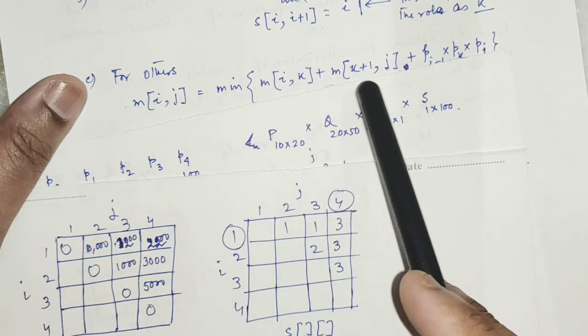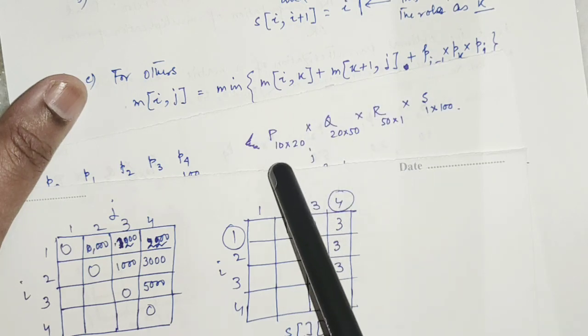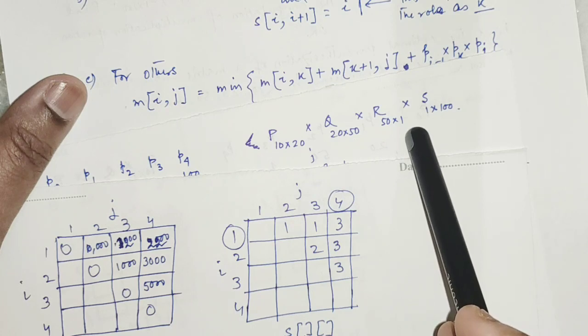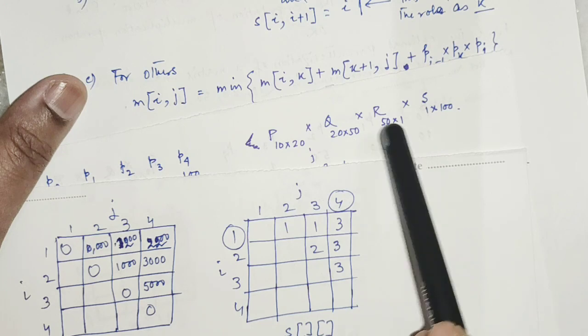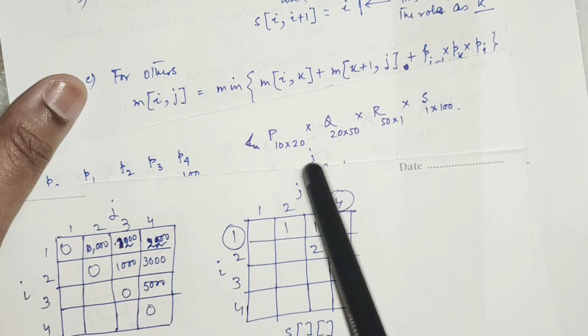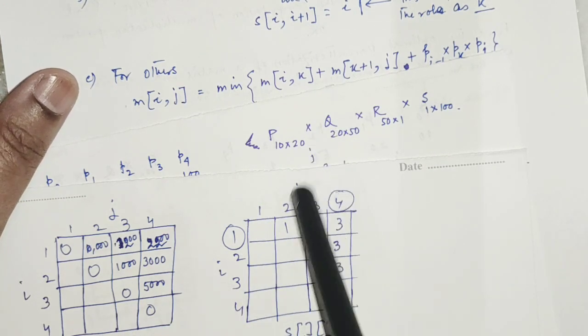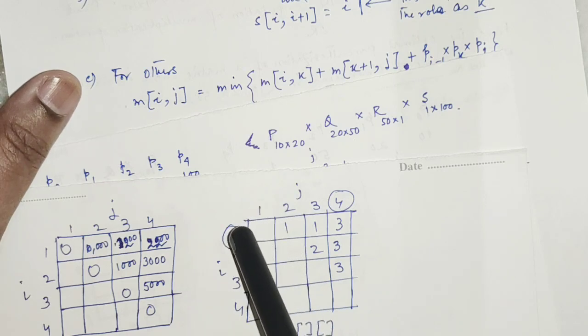So ultimately p into this product will be 10 into 1, and their scalar multiplication will be 10 into 20 into 1, that is 200. Earlier it was 1000, now it is 200, so accumulating these, it is 1200.